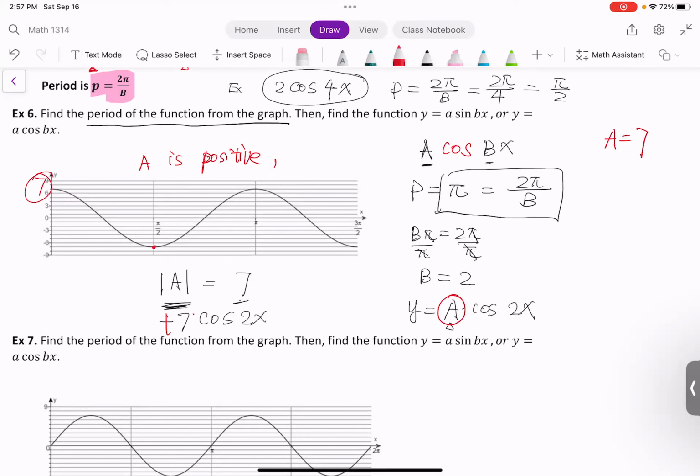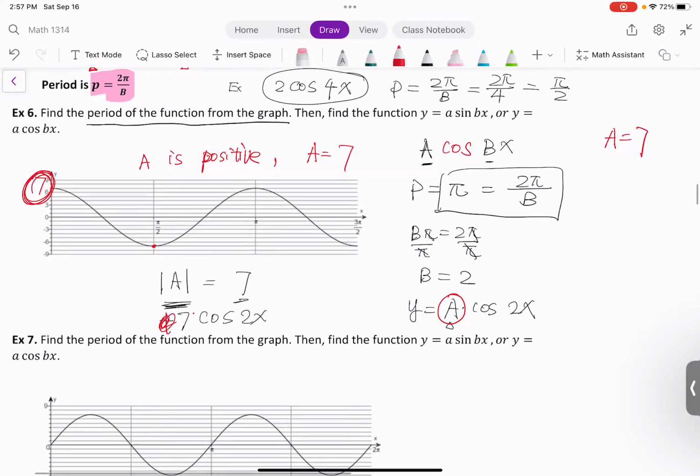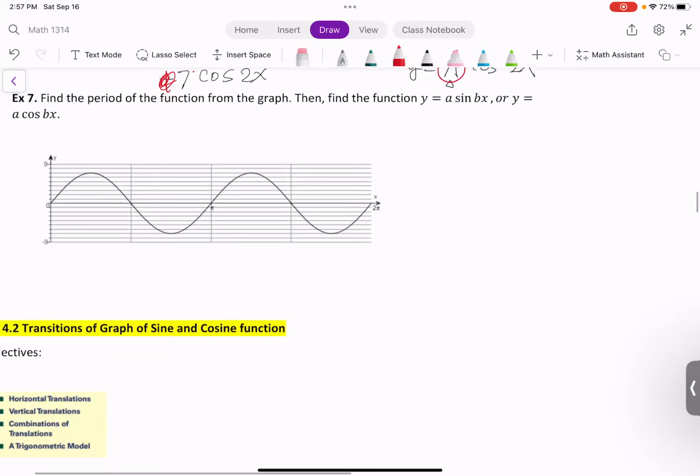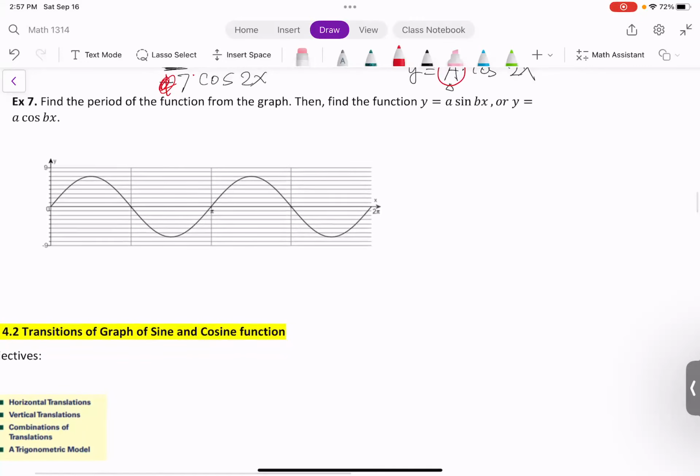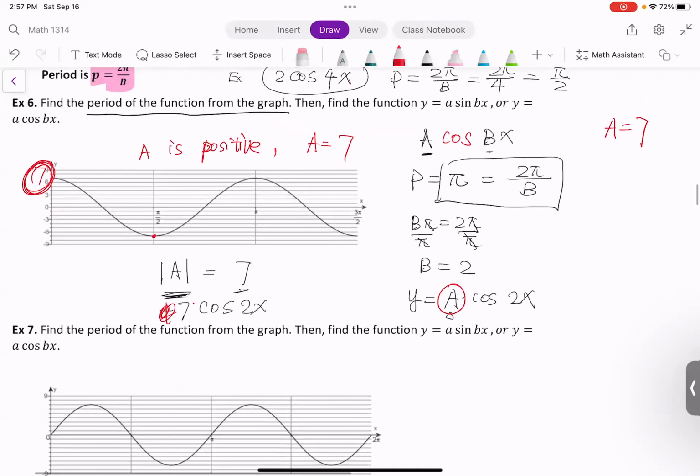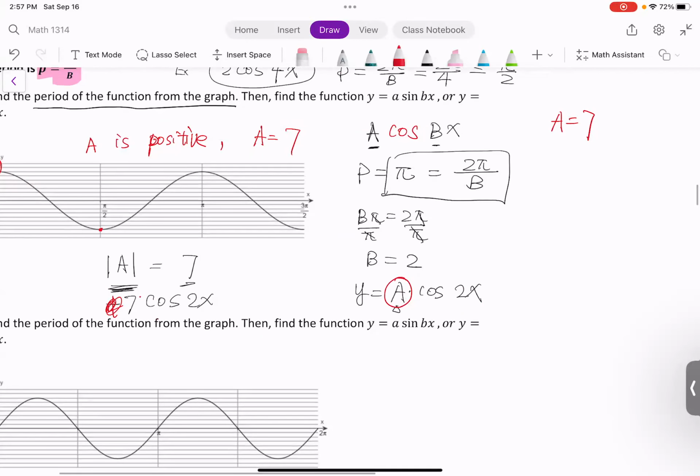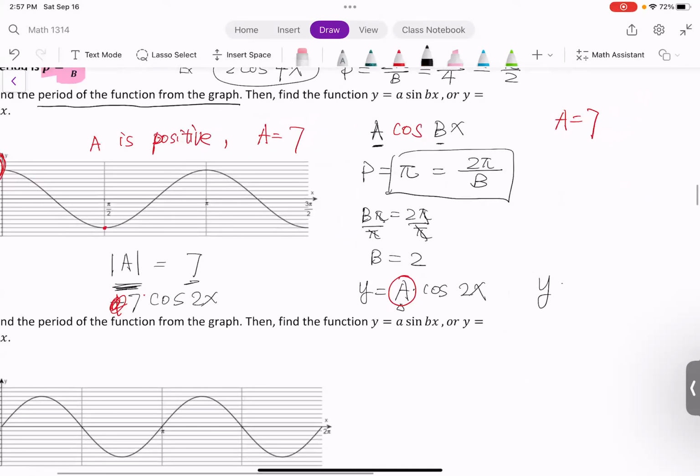Second, I see the maximum is 7, so a is 7, and the minimum is negative a, that's negative 7. That's the reason I ignored the negative sign. I didn't do the conclusion, sorry. So y equals 7 times cosine 2x. This is the solution.